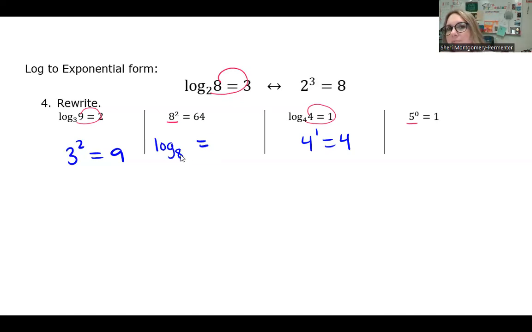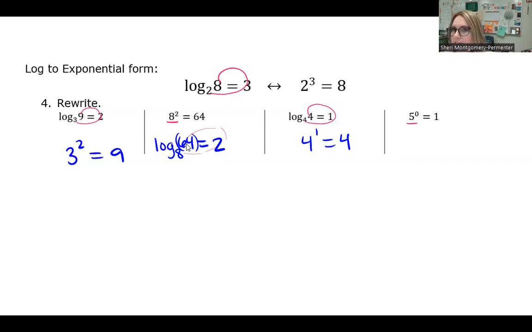So I know it has to be that base, and I know that doing that little swirly thing, I kind of fill in the spots. So I know it would be 8 to the something power. So looking at what I was given, it's 8 to the second power. So it goes 8 to the second power on this side. So 8 to the second power is equal to 64. Yep. And sometimes it's helpful to put parentheses. You're just doing it backwards.